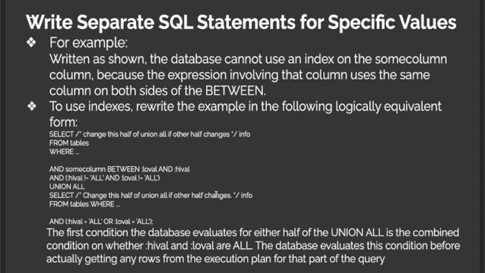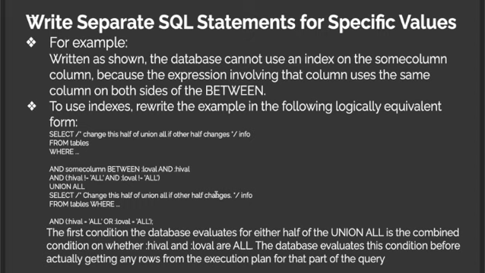However, the first condition the database evaluates for either half of the union all is the combined condition on whether high-val and low-val are all. The database evaluates this condition before actually getting any rows from the execution plan for that part of the query.